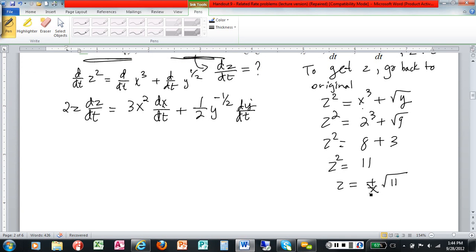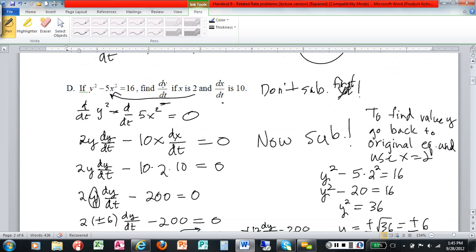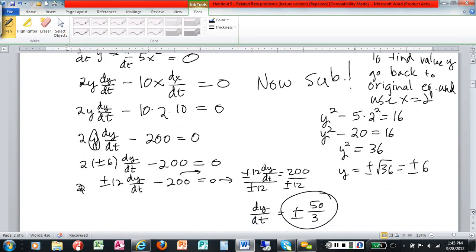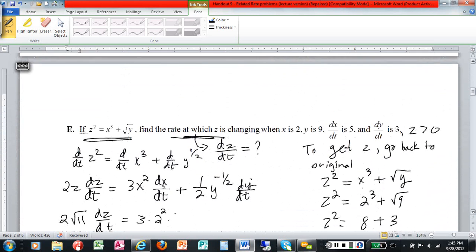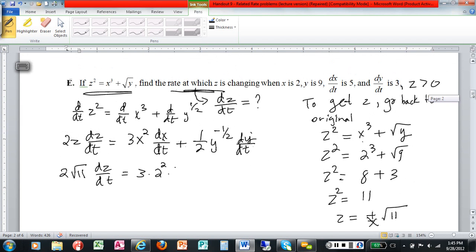All right, so let's just say z is square root of 11. It may say that, it may not. You can do the negative square root of 11. Throw that in the mix there. All right, so we'll go with z is the square root of 11. dz dt equals 3x squared. Well, x was 2, wasn't it? x is 2. What's dx dt? dx dt is 5.